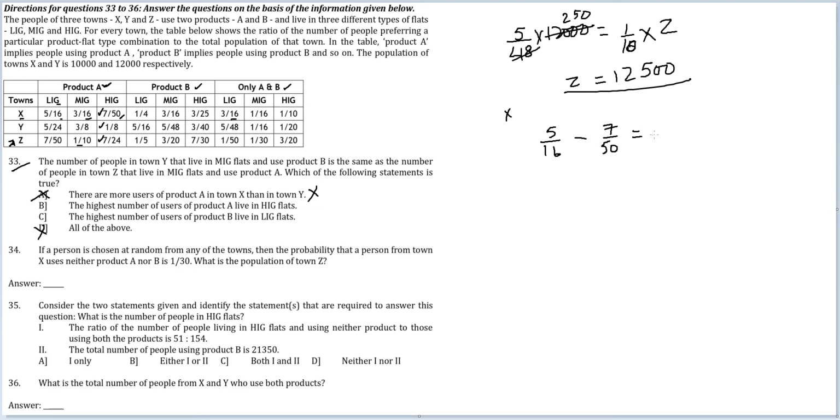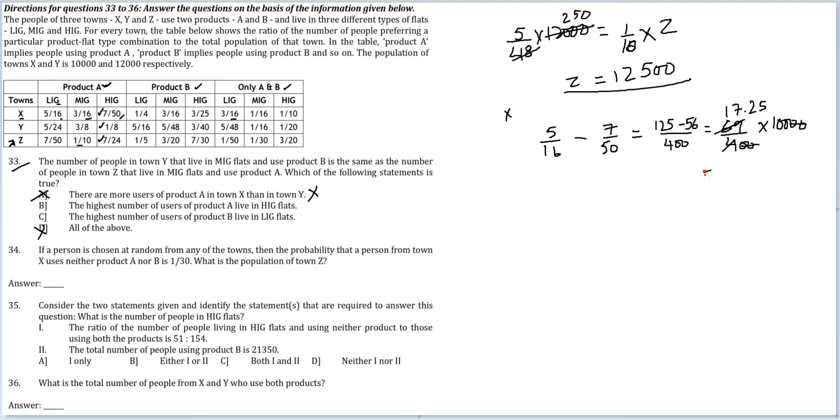So 16 and 50, where do they meet? 400. Okay, so I get 125 here, I get 56 here. What do I get here? 125 minus 56 is 69. 69 by 400 and the precise number into 10,000. The zeros cancel. This and this cancel.